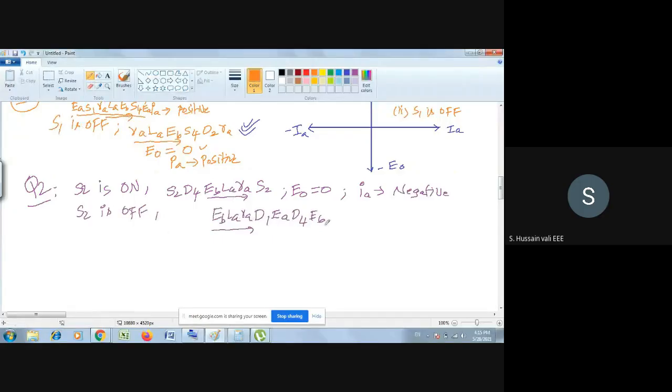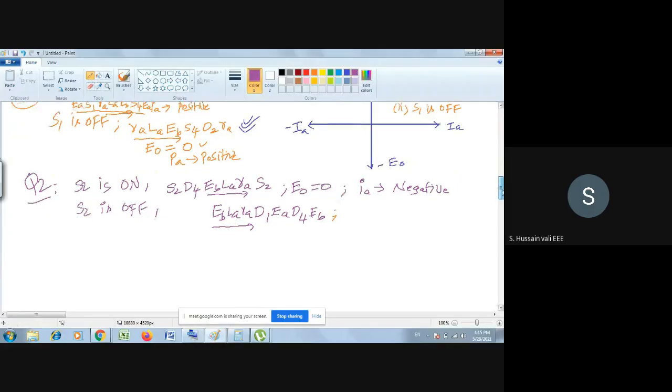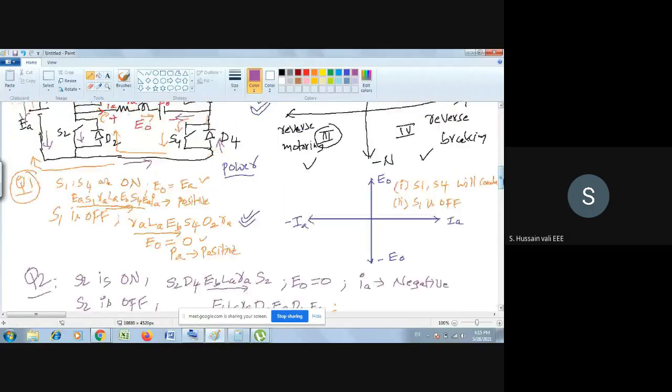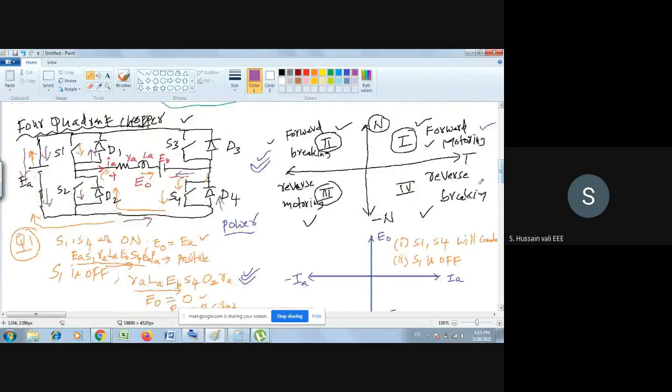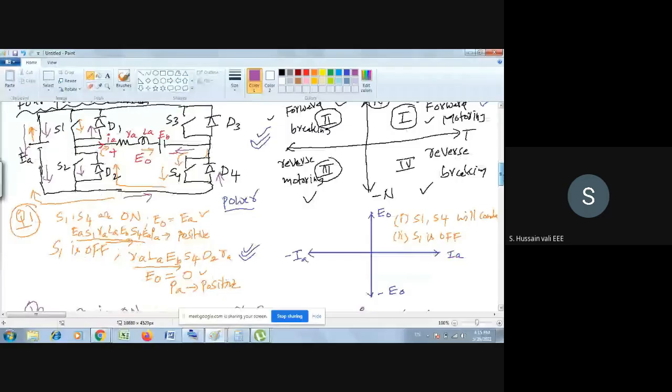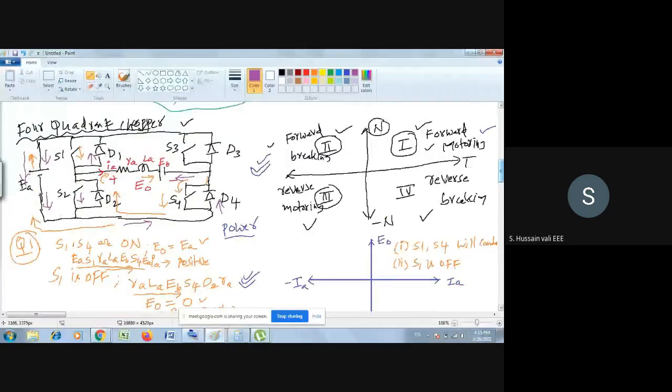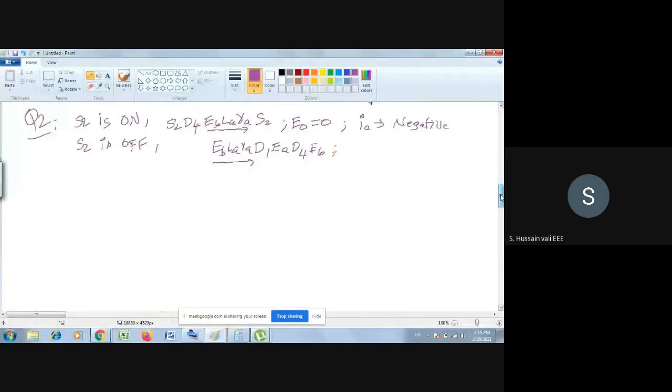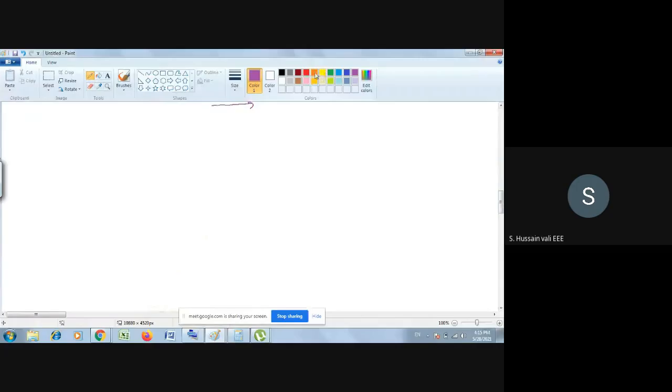Now you see yourself, when it takes this path, what is E naught here? I think it's better I redraw the circuit every time.